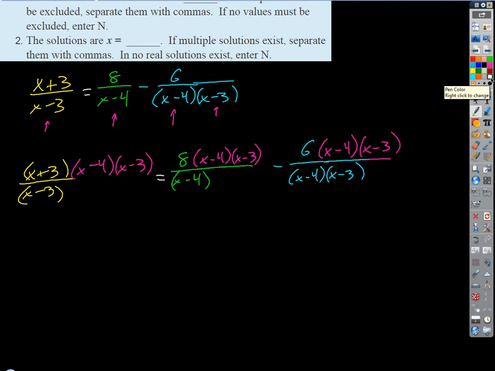In the first case, the x minus 3's cancel, leaving us with the product on the top of x plus 3 times x minus 4.